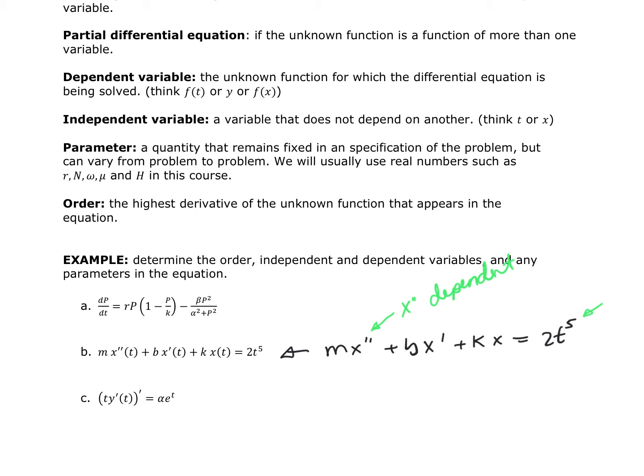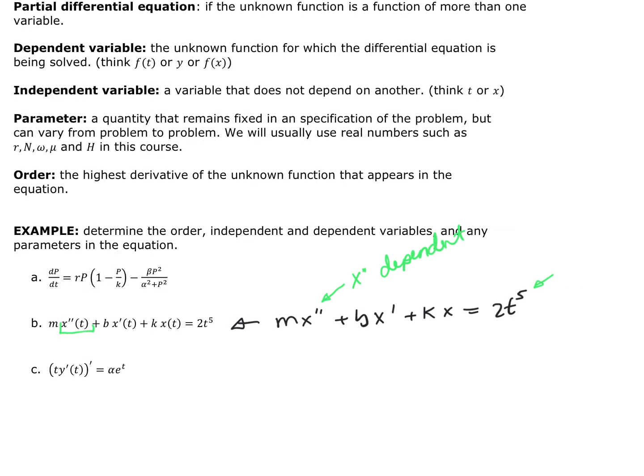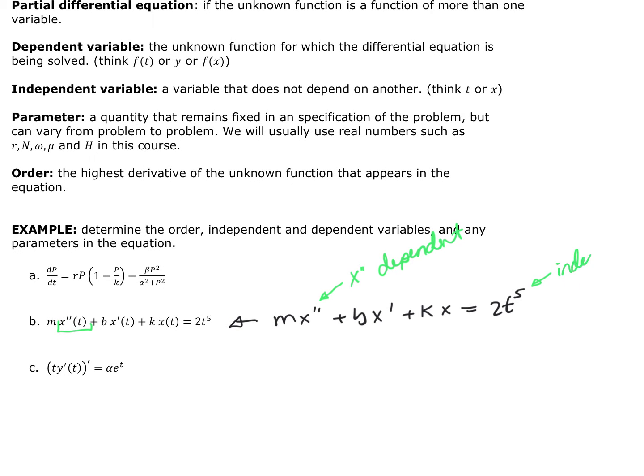And to make it easier, at least initially, I write it in function notation. So it makes it clearer who my independent is. My t is my independent. And of course, if my independent is t, then these other values, b and m and k, must all be parameters.